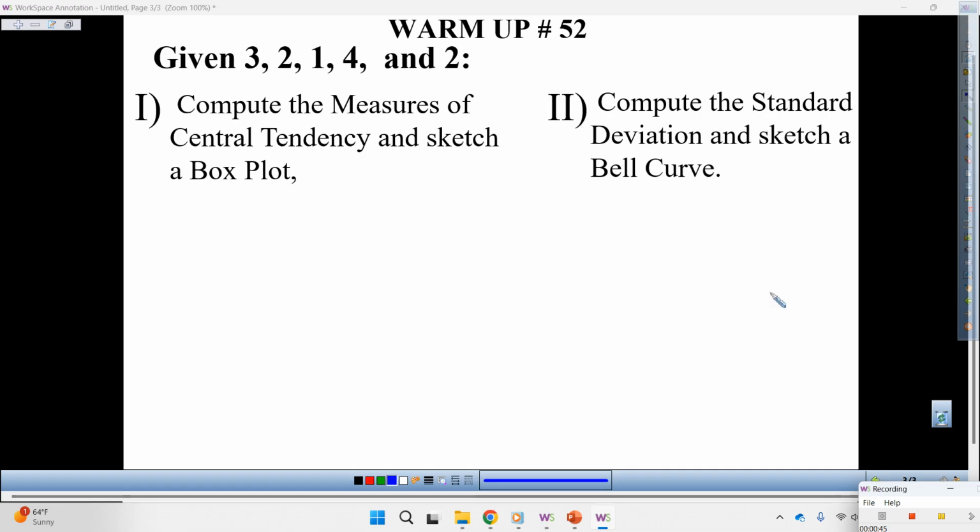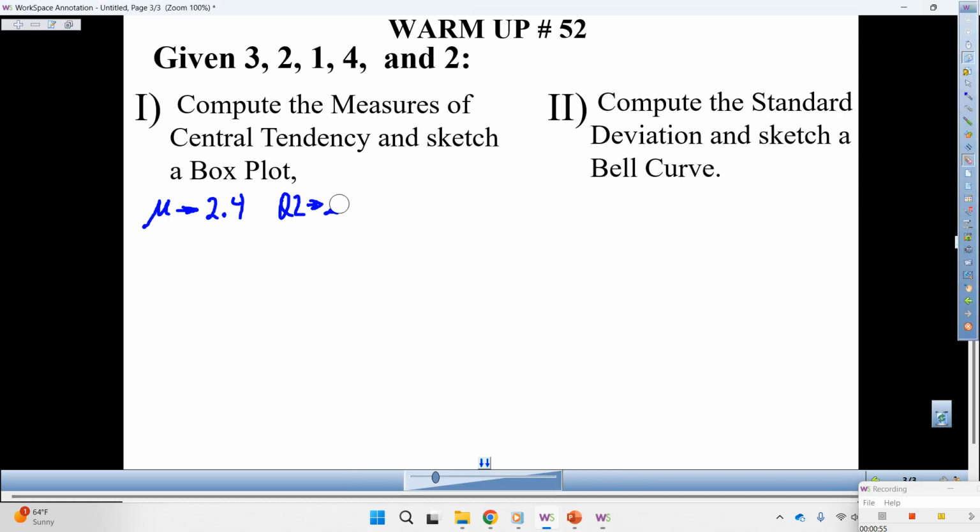For the sake of time, here we go. Measure of central tendency: mean, what'd you get for the mean, Ricardo? 2.4. How about the median or Q2?